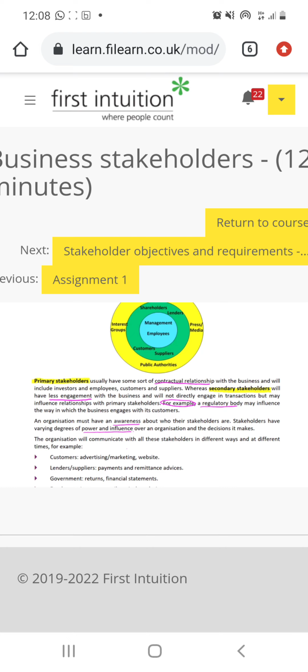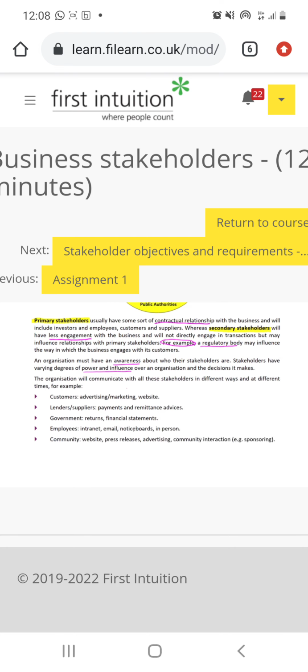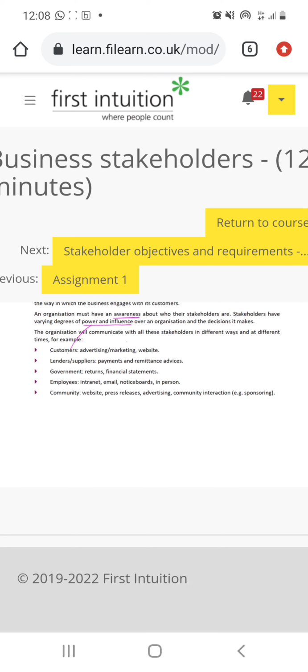Let's think about this word power and influence. We may have a group of stakeholders that have a high level of power and influence, and these are really important to an organisation. Business activity and strategy must be acceptable to them.